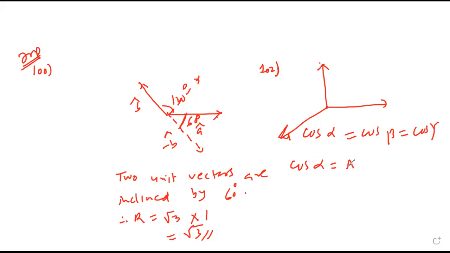Ax upon A. And cos beta is Ay upon A. And cos gamma is Az upon A.